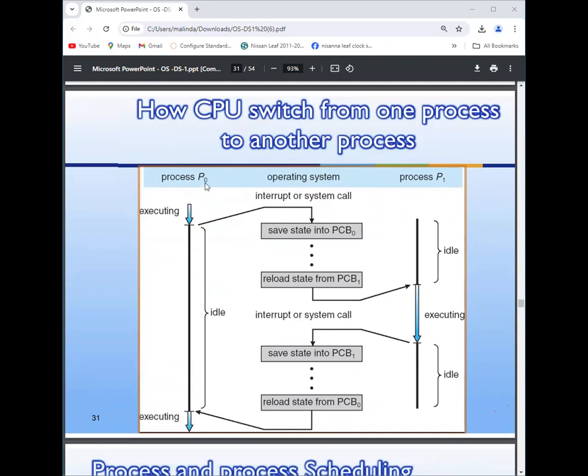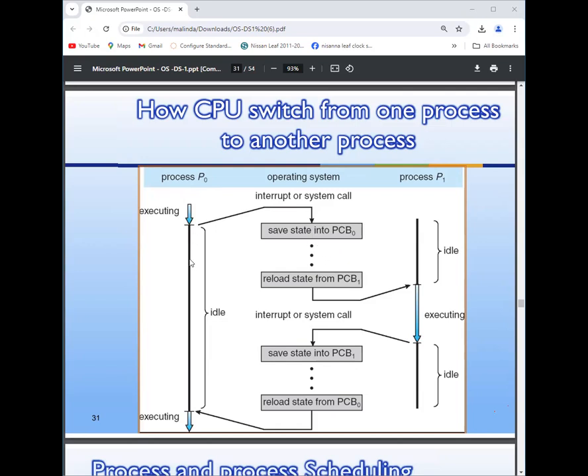There is a process P0 running. It is executing, which means it is running on the CPU. Now, how does it switch to the process P1, which is given in this diagram? When it is executing, suddenly you get an interrupt signal, so you have to stop. So the running process P0 will save its state onto the process control block 0, PCB 0, with the information that it currently has.